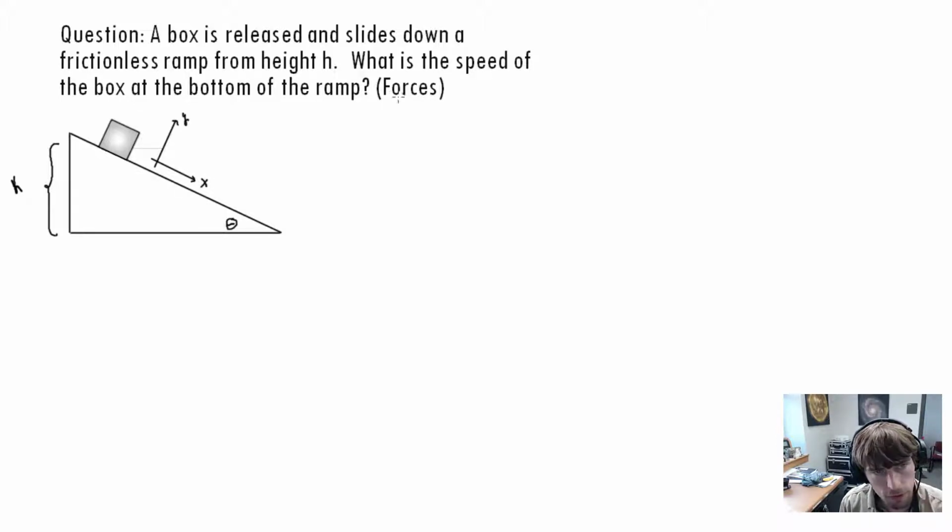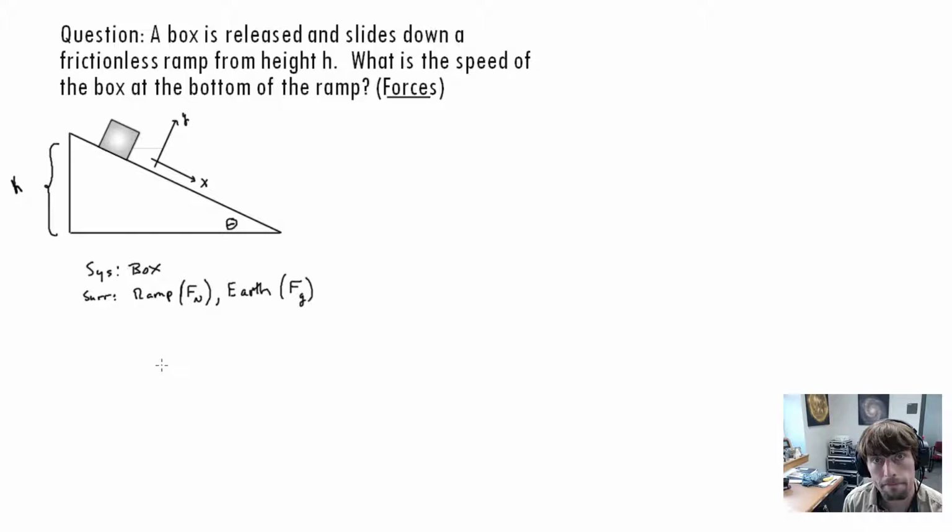Well, if we're dealing with forces, so we're specifying right now we want to do this with forces, well, we better do a free body diagram. So system, we will take to be the box, and our surroundings, we've got the ramp, we have our normal force, okay. And we have the earth, which is our gravitational force.